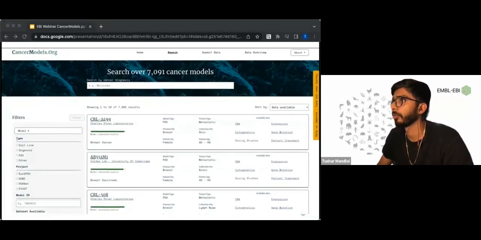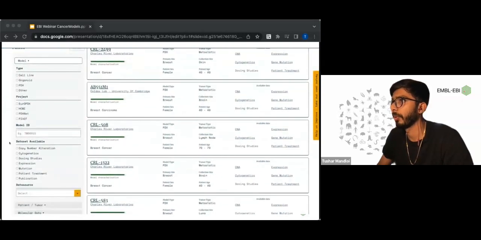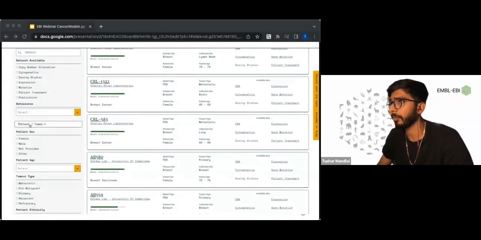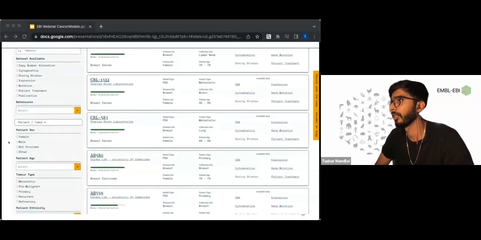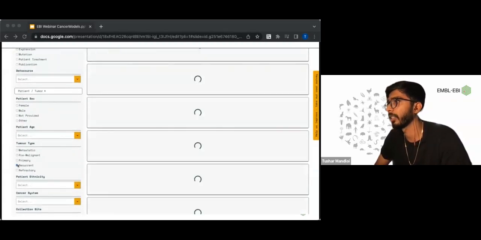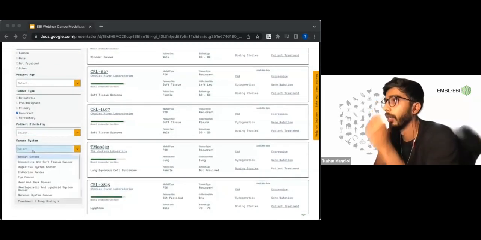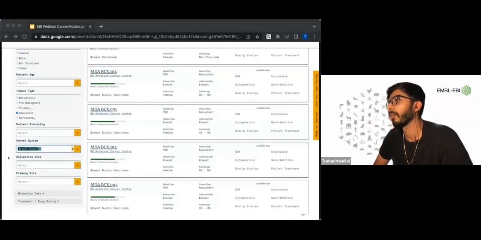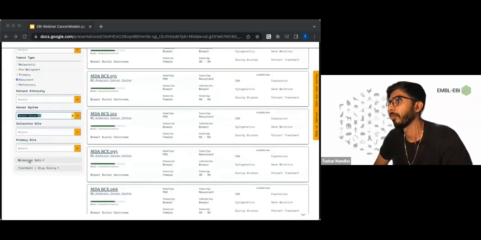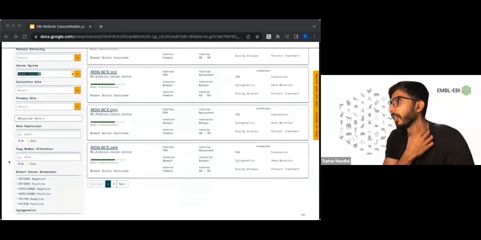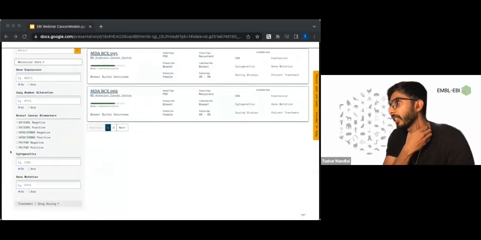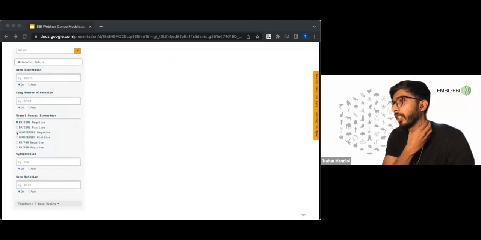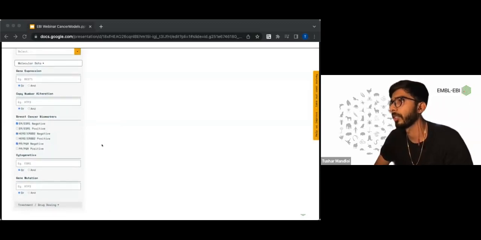Then she makes use of the filter provided on the left side and filters on the patient tumor as recurrent. Then she selects the cancer system as breast cancer, followed by applying a filter on available breast cancer biomarkers. Then she selects the estrogen negative, Herceptin negative, and progesterone negative models.